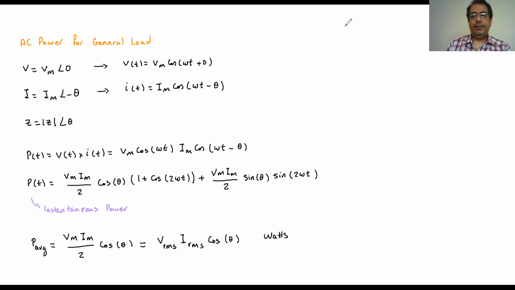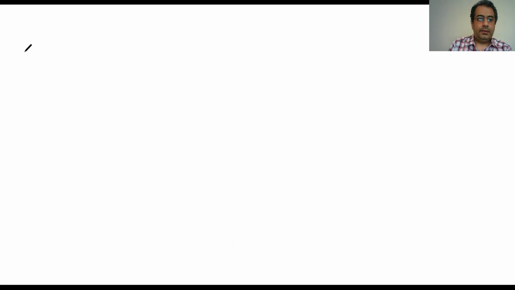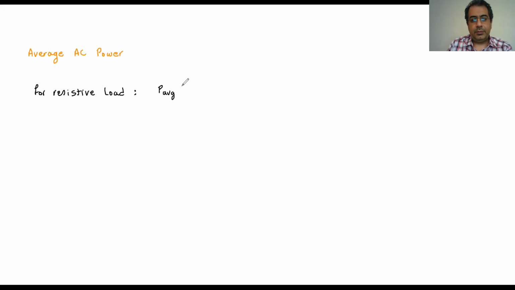So if I want to write the average AC power, for a resistive load, so if I have only resistance in the system, the P average is positive.